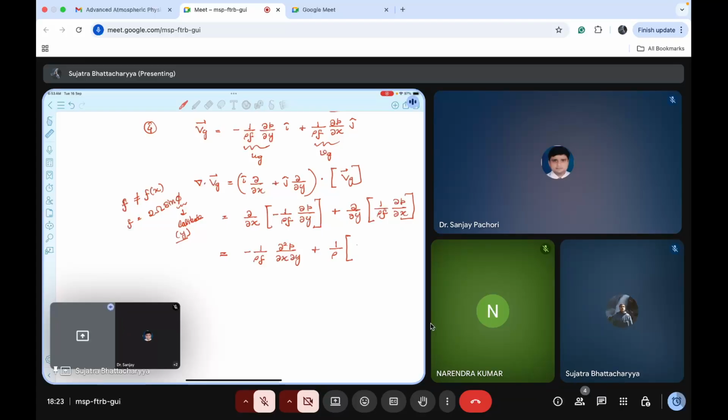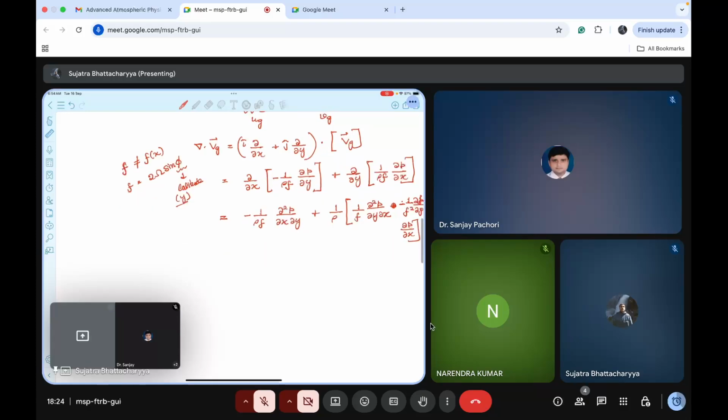So one term is 1 by f delta square p by delta y delta x, and the other term has delta p delta x as it is, but with minus 1 by f square delta f delta y into delta p delta x. This is what you will get.